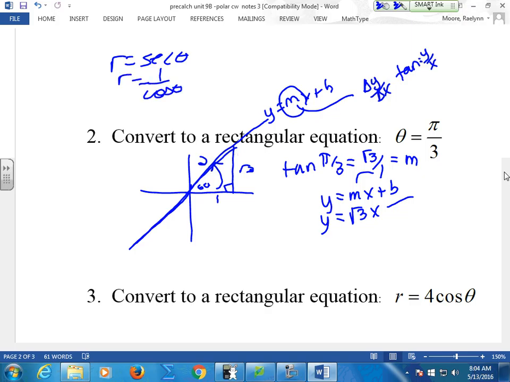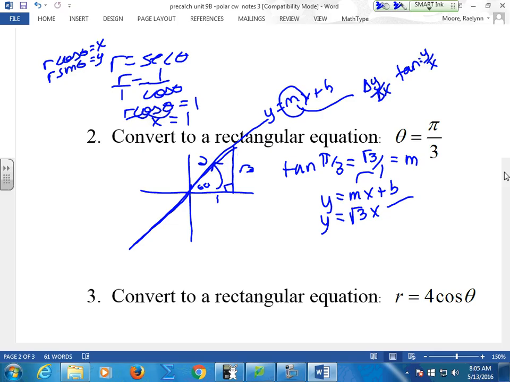So now, if I want to get this into an equation we know and love, we cross multiply and we say r cosine theta equals 1. What is r cosine theta equal to in our conversion? X. So if I replace this with x, isn't that a rectangular equation, meaning your regular xy kind of equation?